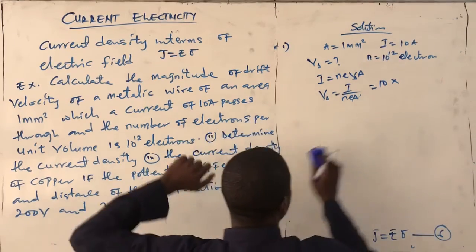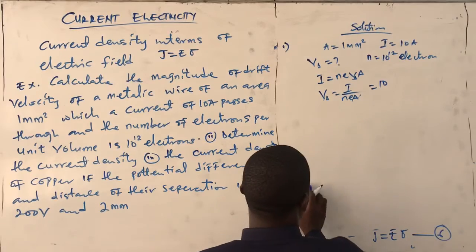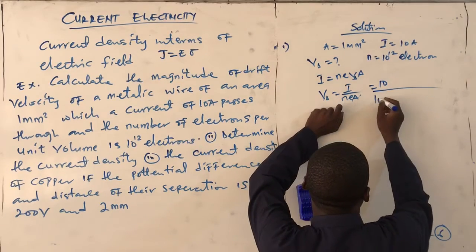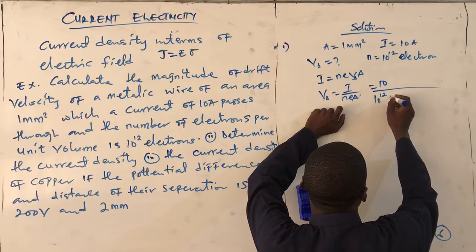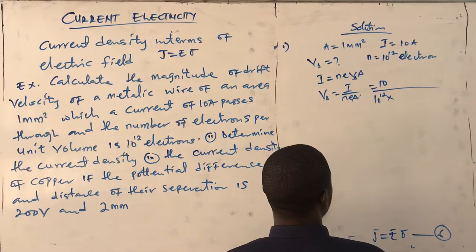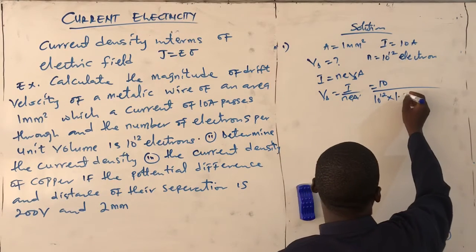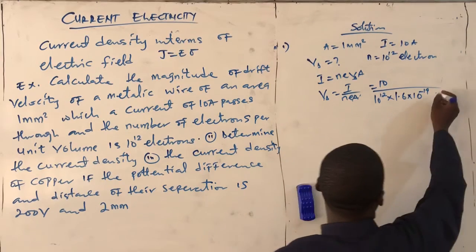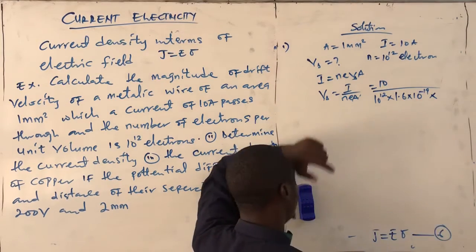our N, which is 10 raised to power 12, multiplied by the charge of the electron, 1.6 times 10 raised to power minus 19. This is just a constant. Multiplied by 1 millimeter square.